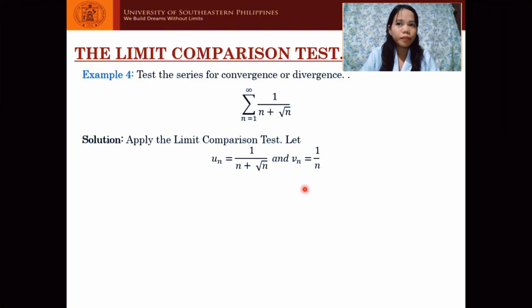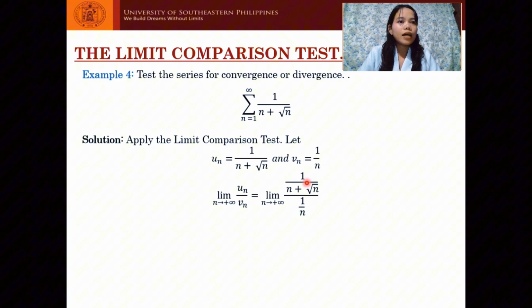Right after that, we apply the limit. The limit of u sub n over v sub n, as n approaches positive infinity. Since we already have the v sub n and u sub n, we have to substitute them into the limit as n approaches positive infinity. So the limit of 1 over n plus the square root of n, all over 1 over n, as n approaches positive infinity.